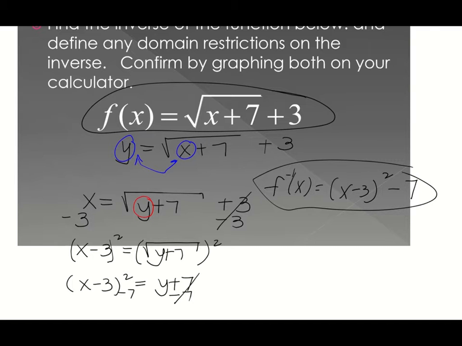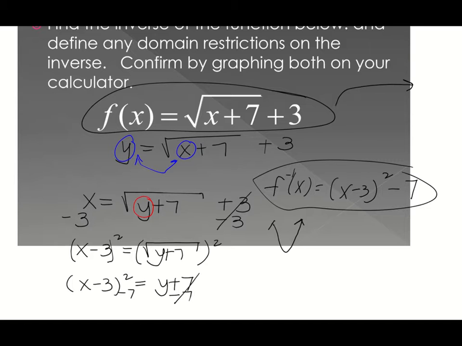So if I were to graph both of these, I know that when I graph a radical, I should have something of this shape. But I look at my inverse, and my inverse is a parabola, something of this shape. Now these two don't match up exactly.